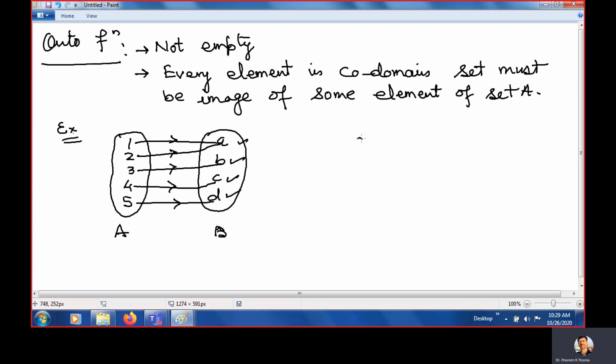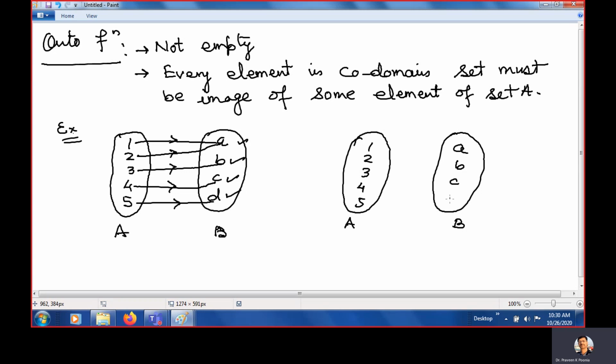Clear? Another I will take, this is set A, this is set B. 1, 2, 3, 4 and 5. This is A, B, C, D. The image of 1 is A, image of 2 is A, image of 3 is A. Image of 4 is C, image of 5 is C. Clear?